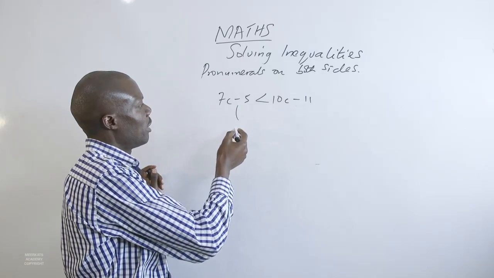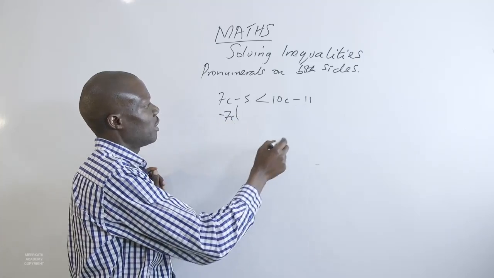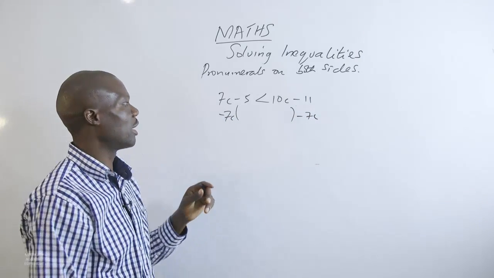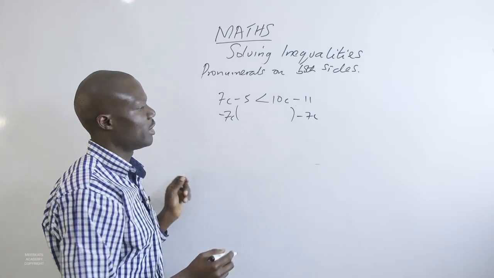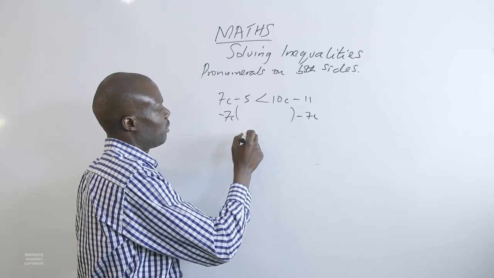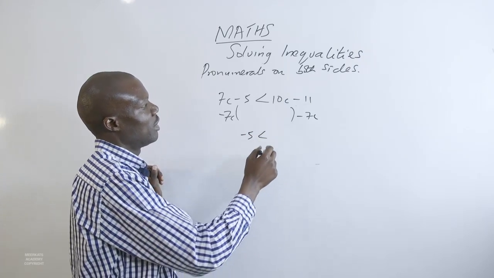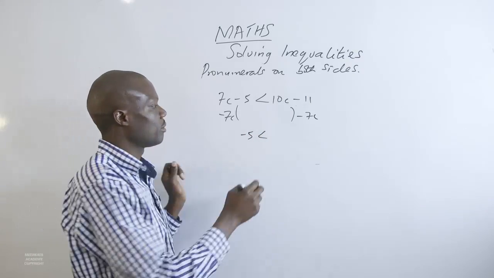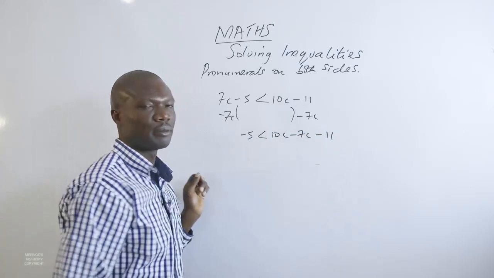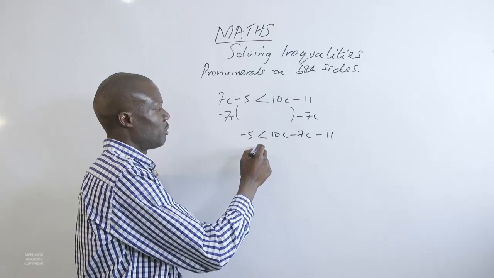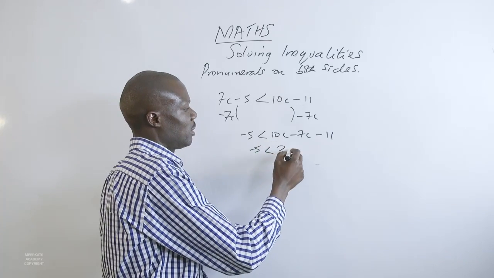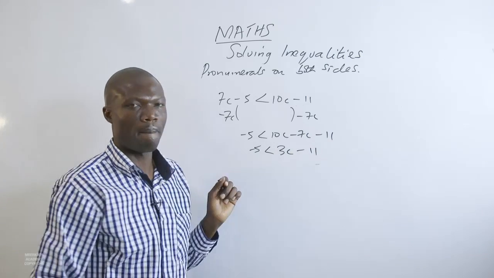I'll subtract 7c here and subtract 7c on the other side, so that I have 7c minus 7c minus 5 is less than 10c minus 7c minus 11, which can be reduced to 5 is less than 3c minus 11.